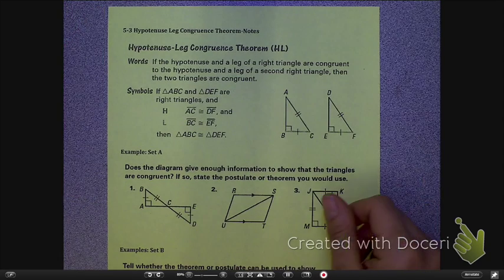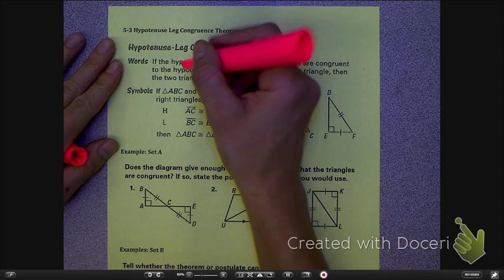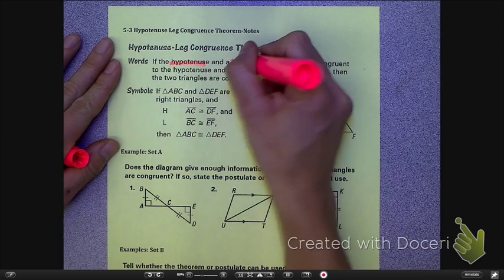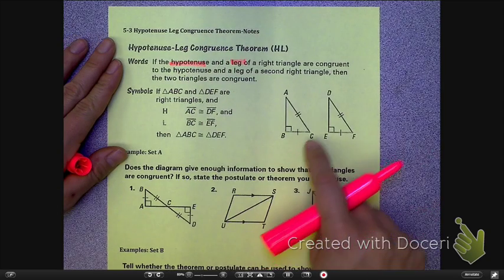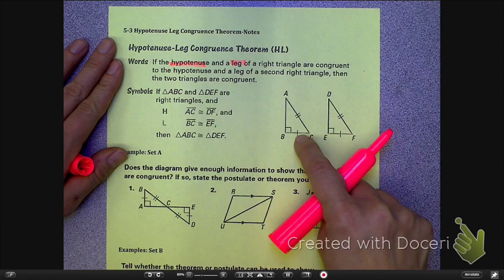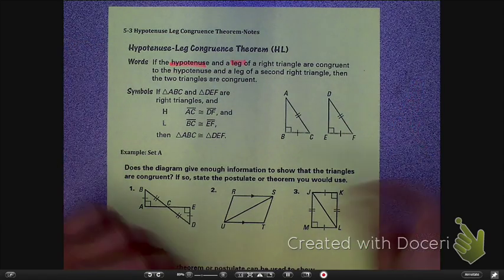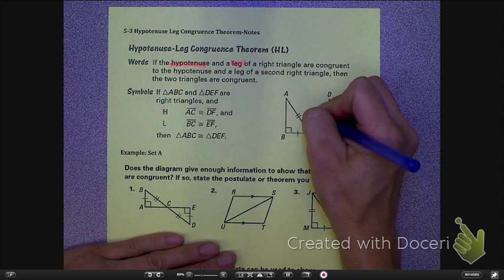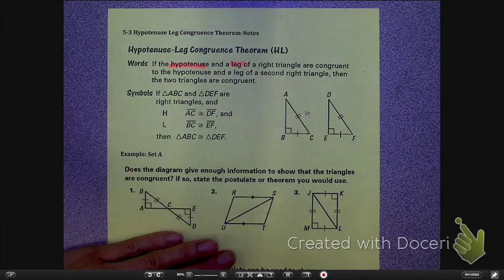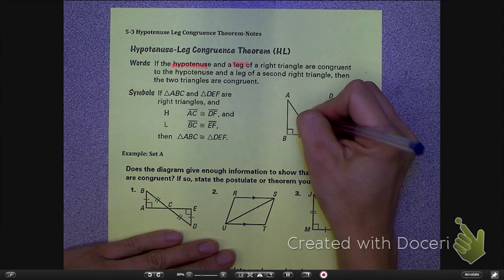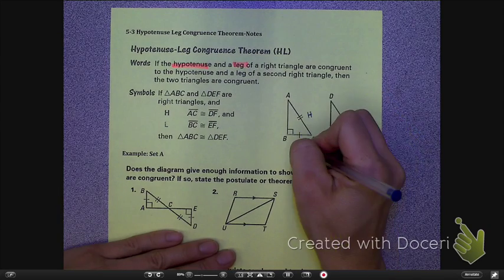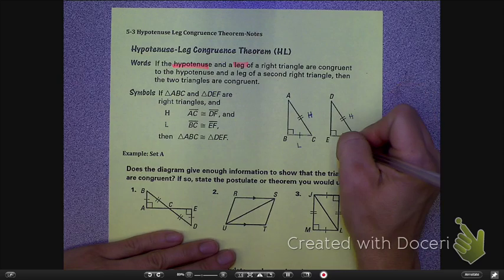So it's basically saying as long as you have a hypotenuse and a leg marked congruent in one triangle, hypotenuse, leg, and in the other triangle you also have hypotenuse, leg, then that means the two triangles are going to be congruent, okay? So here's your hypotenuse, here's your leg, here's your hypotenuse, here's your leg, right?